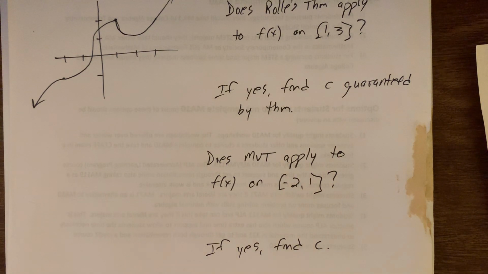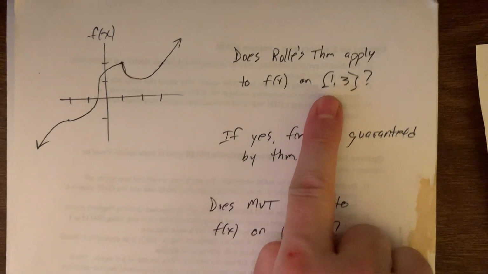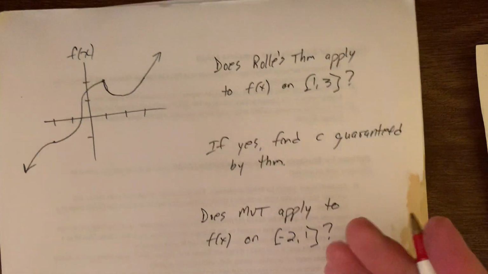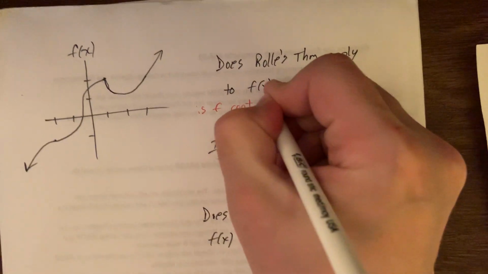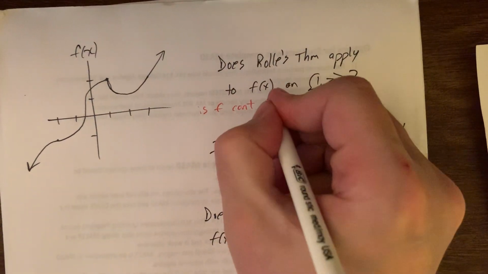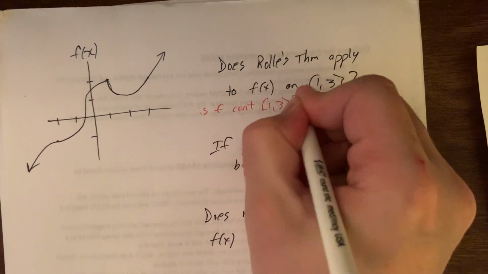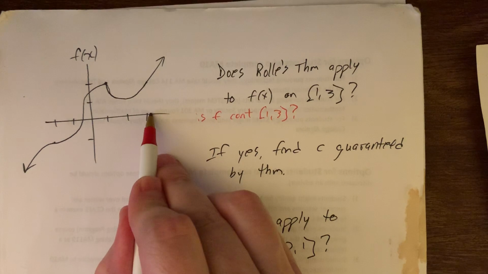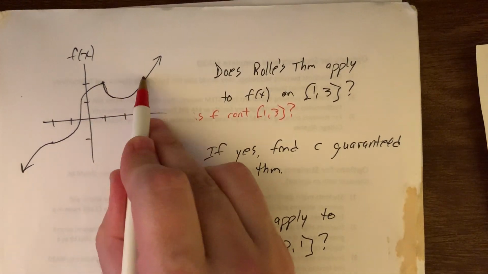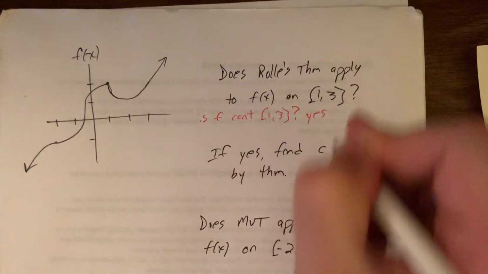So now going back to the top, does Rolle's theorem apply? Well, we've got the 3 conditions to check. Is f continuous from 1 to 3? And the answer is yes. Here to here, all of this is connected. Yes.